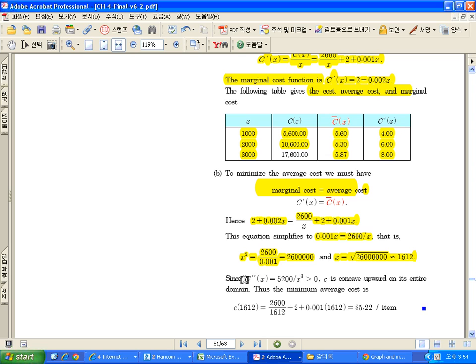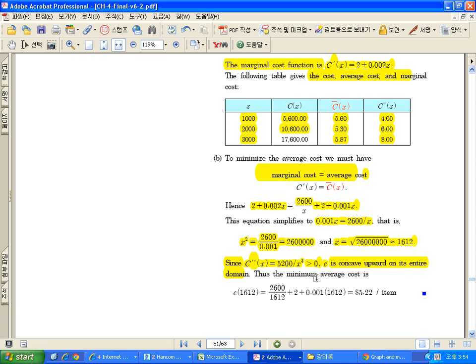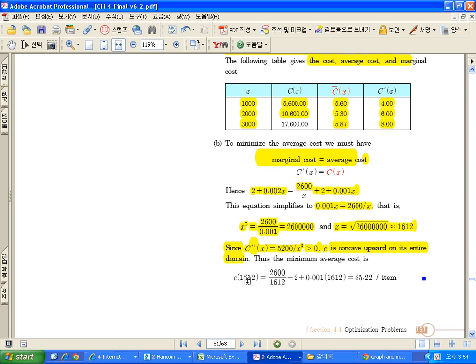Since C double prime of X is concave upward on its entire domain, the average cost is concave upward like this. So the second derivative is concave upward, and the minimum average cost occurs at this critical point.